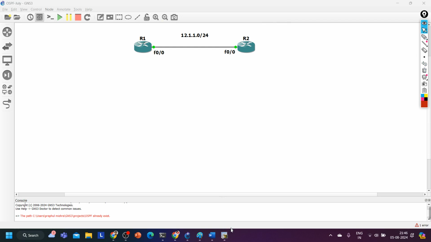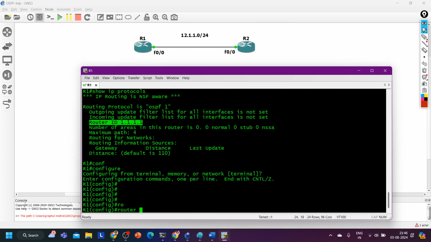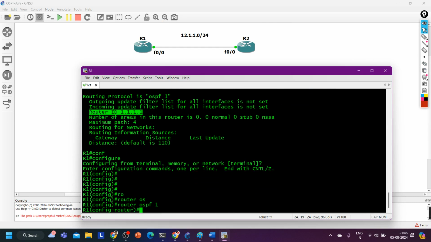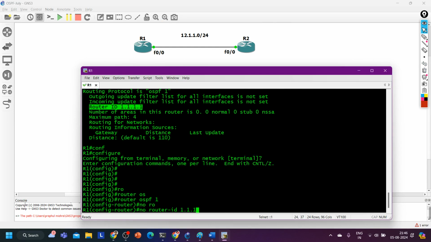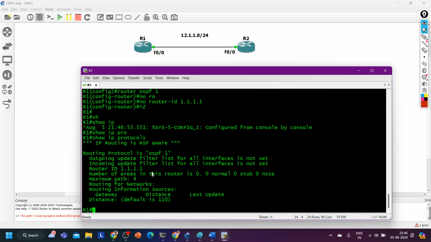Done. Now on router number 1, I'm going to remove the router ID configuration: router ospf 1, and say no router-id 1.1.1.1. Show ip protocols. What is the router ID?